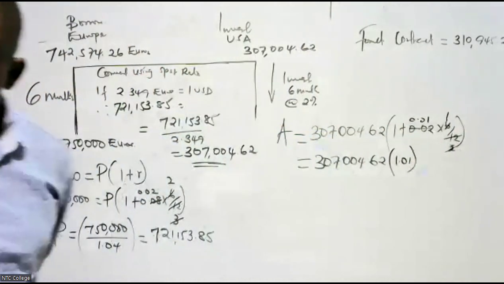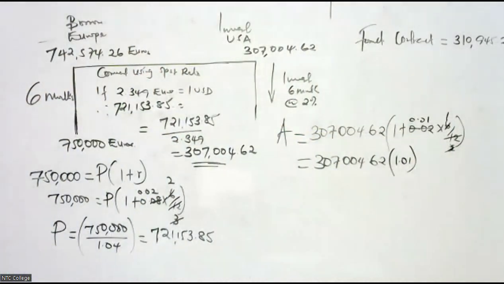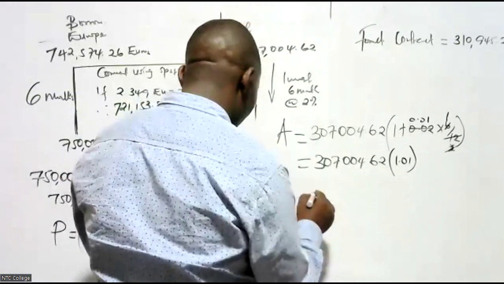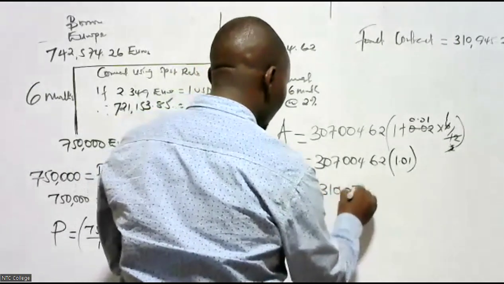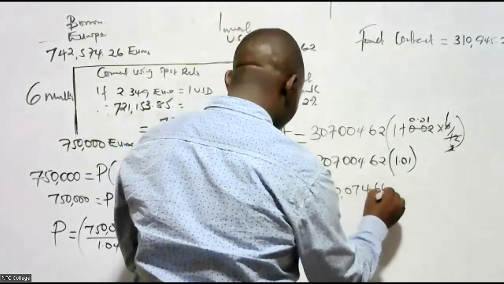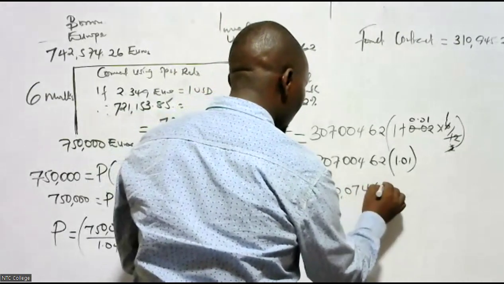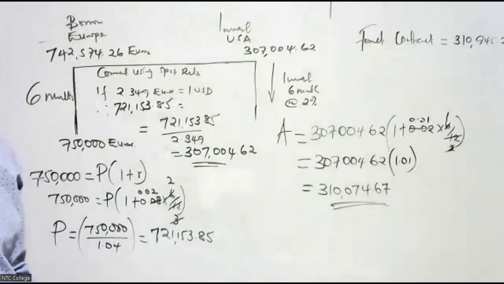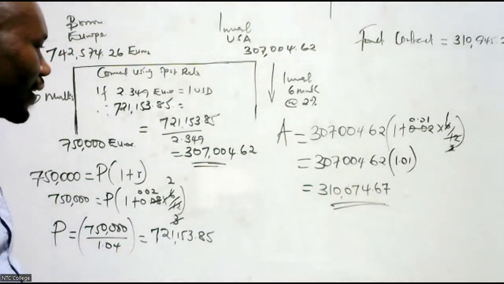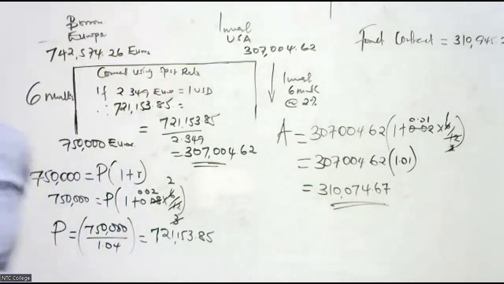What do you get there? 307,004.62 times 1.01, so we are going to have 310. That is the answer. How much do you get? Or have I done something wrong?